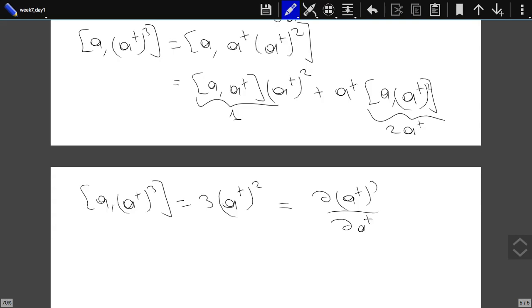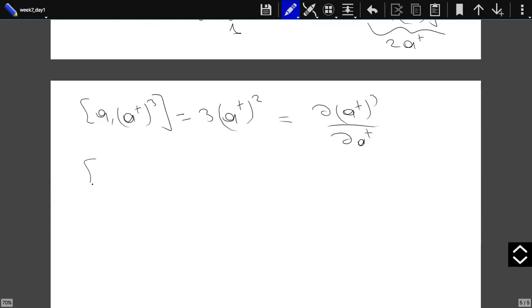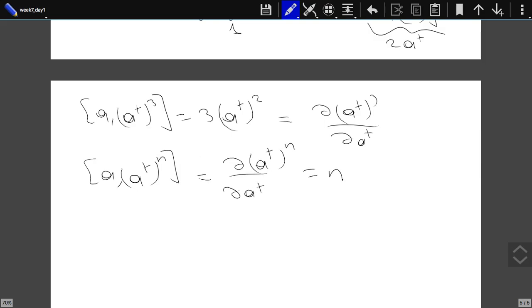Well, this is basically similar to what we had done in the commutator of x and a function of p, or p and any function of x. The claim is that the commutator of A with a dagger to the power n will also be the derivative with respect to a dagger of a dagger to the power n. That is n times a dagger to the power n minus 1. So let's see whether this is true or not.